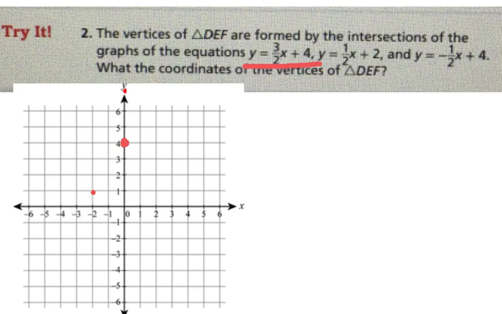So down 3, left 2. There's a point. And then we go down 3, left 2. And I can even do that one more time. Down 3, left 2. And so this is what your first line should look like.